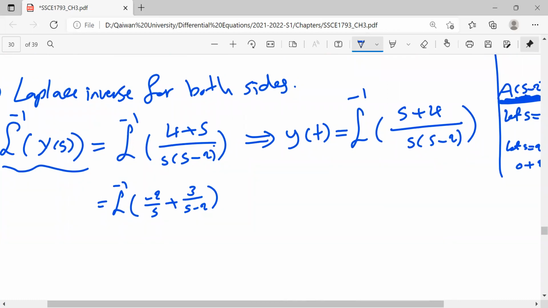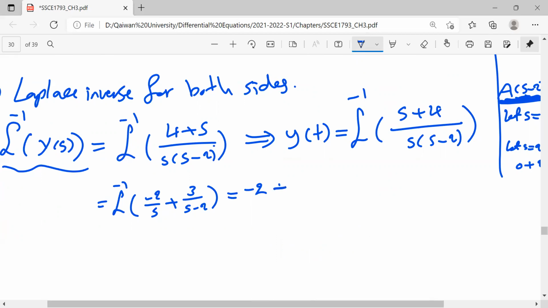For the first term, it's only minus 2, because the Laplace transform of minus 2 is minus 2 over s. So the Laplace inverse of minus 2 over s is minus 2.